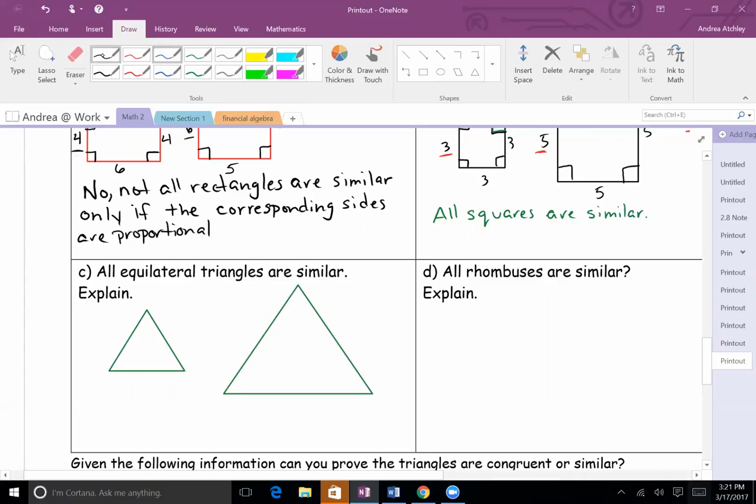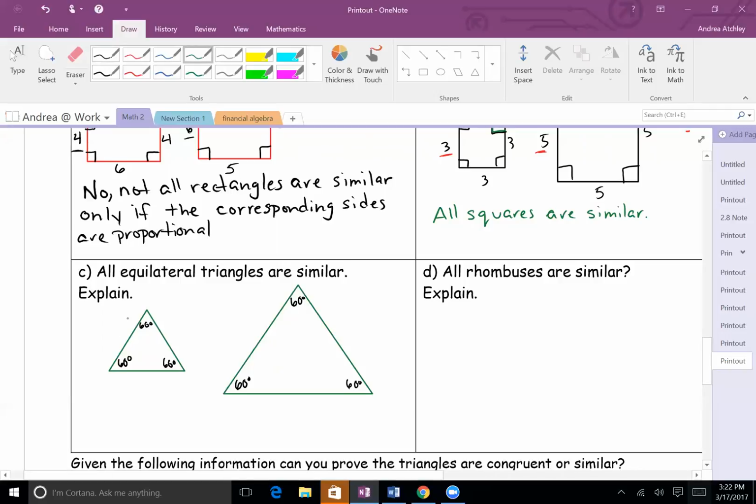And so these are equilateral triangles, and all the sides are going to be equal. That also means that all the angles will be 60 degrees. Because there are 180 degrees in a triangle, and all the angles have to be congruent if all the sides are congruent. So 180 divided by 3 is 60.